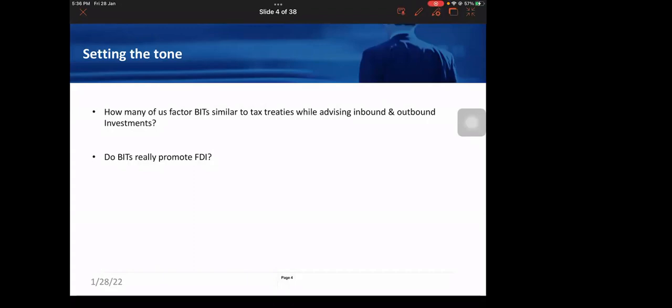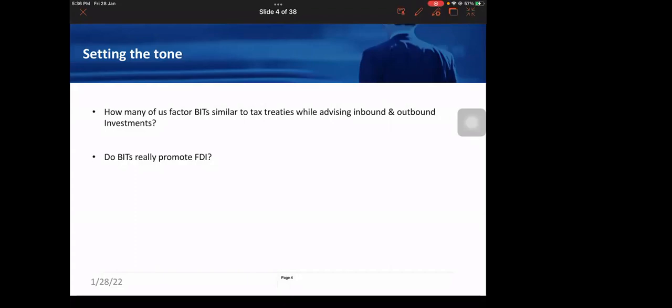You can give your perspective, but fairly, I've seen very little significance go into it. We're more keen on the FEMA guidelines, the FDI policies, tax treaties, tax optimization, but very rarely, seldom, is there a consideration of bilateral investment treaties. I'm not saying nobody does it.